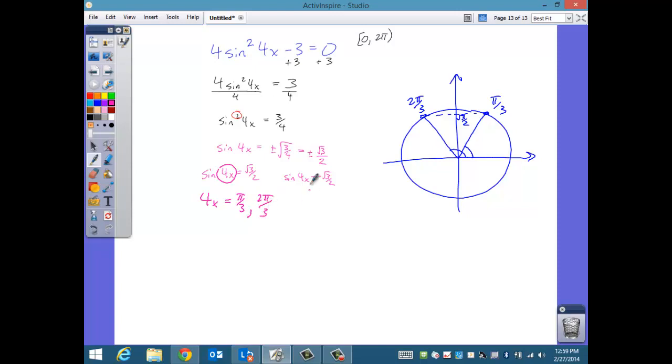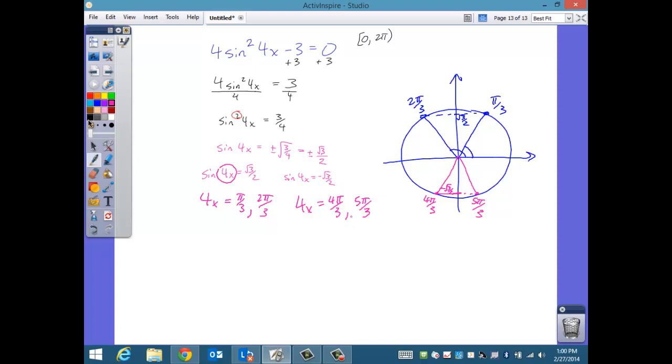And we can also say, because we could go down here to negative root 3/2, these angles, and this is 4/3 pi, this is 5/3 pi. Because of that, those are also potential values for 4x. So 4x can equal 4/3 pi or 5/3 pi.